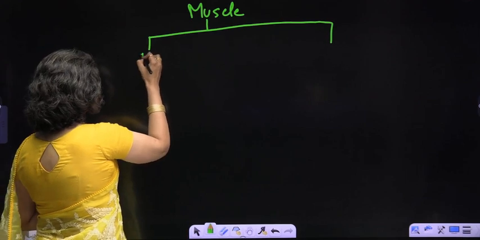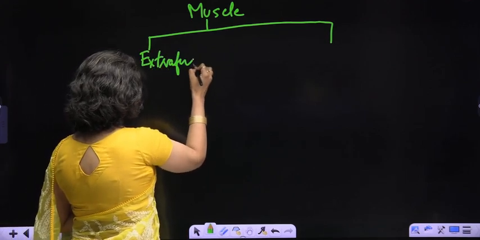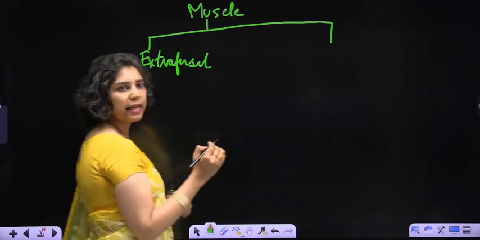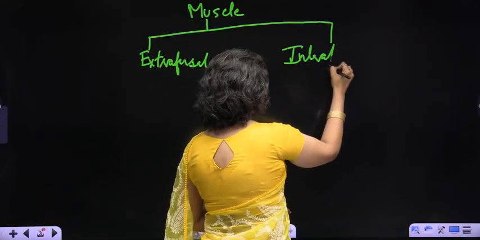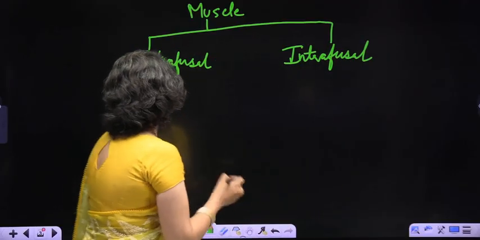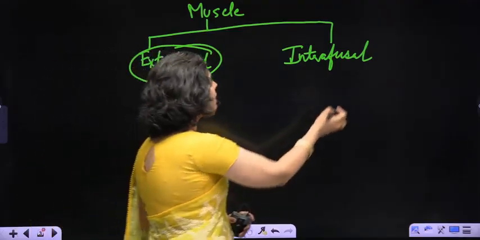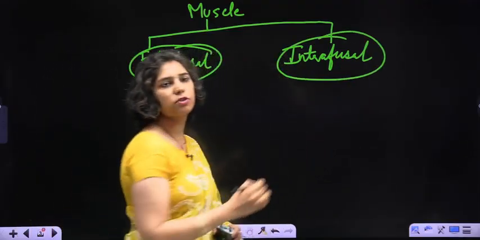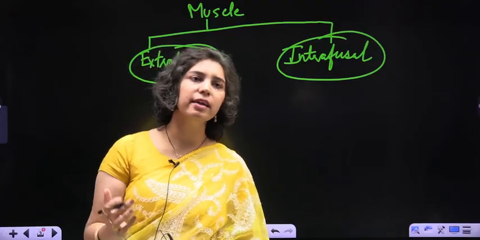First are extrafusal fibers, and second type are intrafusal fibers. The extrafusal fibers are the muscle fibers visible from outside, and intrafusal fibers consist of the receptors involved in the stretch reflex as well as the inverse stretch reflex.